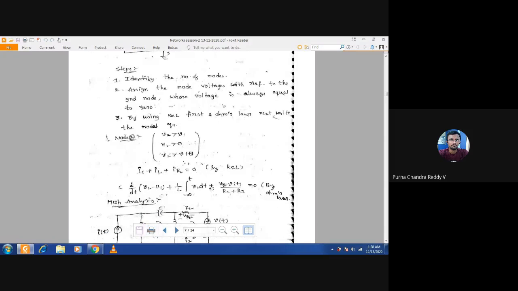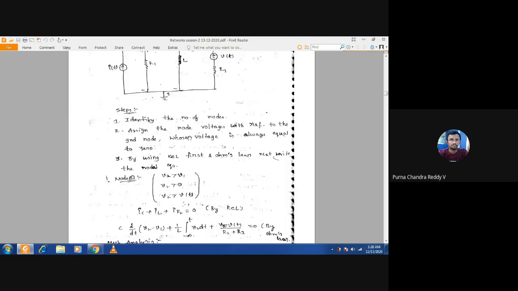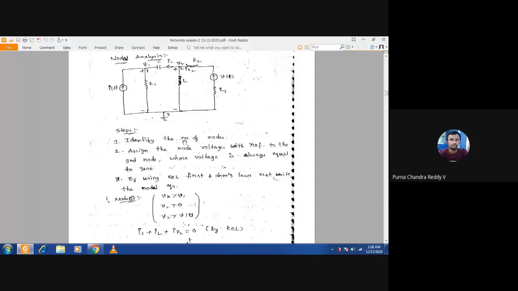Those two are the node equations corresponding to this circuit. Nothing new here. The first equation is KCL at node 1, the second equation is KCL at node 2. That is what we told you already.